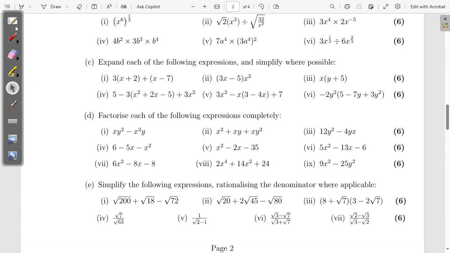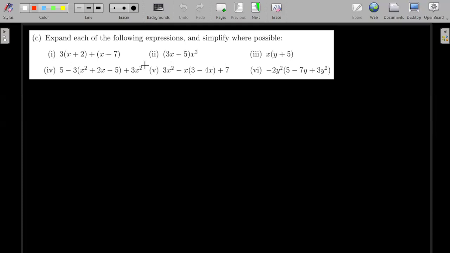Very simple concept. So we're trying to build our foundation in mathematics. The first question today says: expand each of the following expressions and simplify where possible. Expanding is very simple.